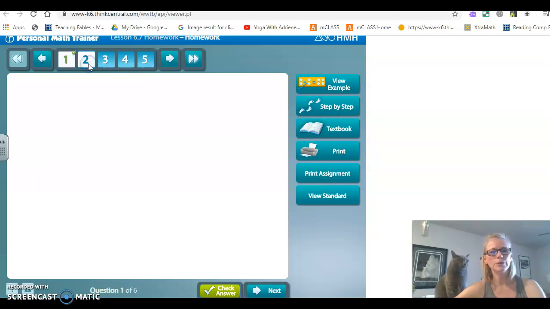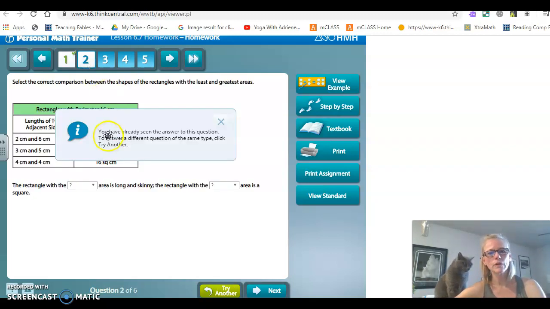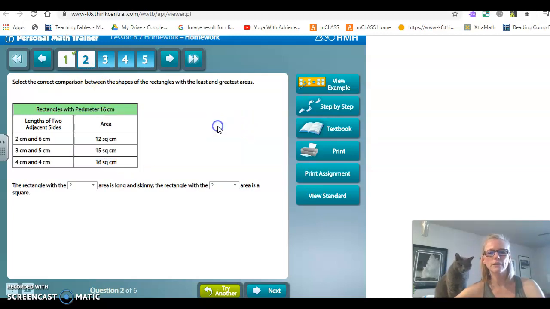I'm going to go to number 2. You've already seen the answer to this question. I did not, I think because I've been scrolling through this. Select a correct comparison between the shapes of the rectangles with the least and greatest areas. So here's a T-chart. The rectangles with perimeter 16 centimeters.